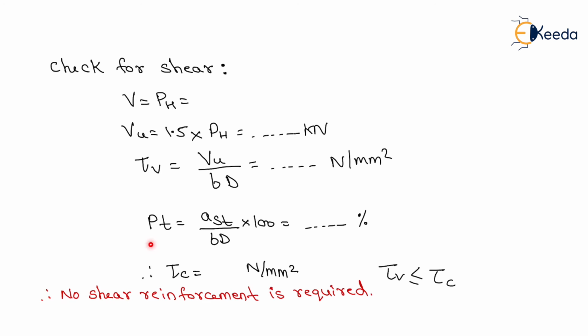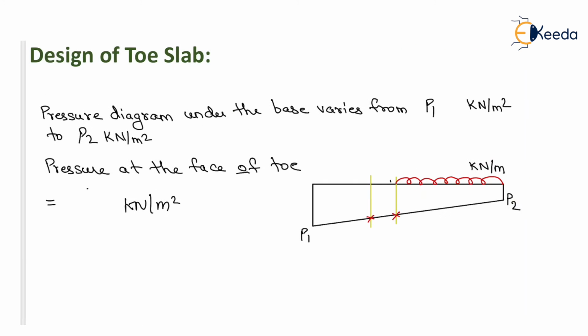After this we will calculate percentage of steel, using formula AST upon B into capital D into 100. We will get this answer in percentage. After this we will calculate tau C in Newton per mm square. If tau V is less than or equal to tau C, no shear reinforcement is required.